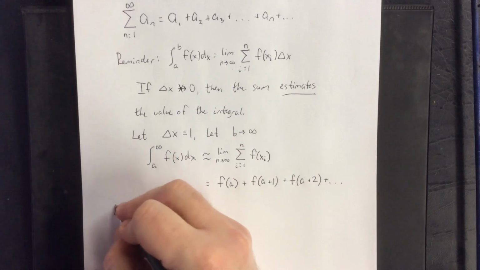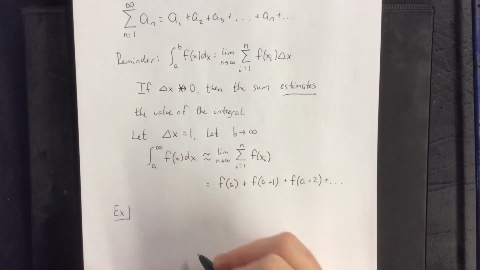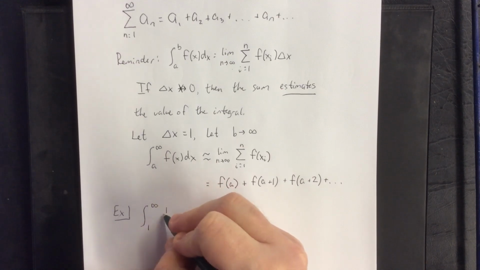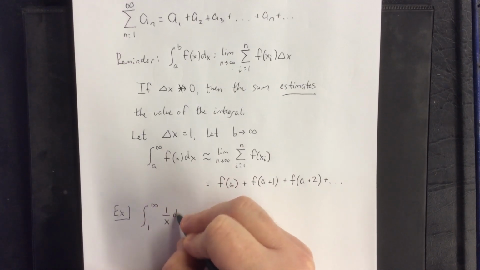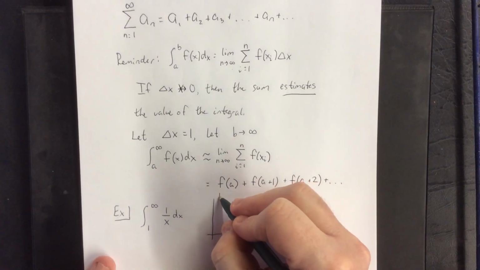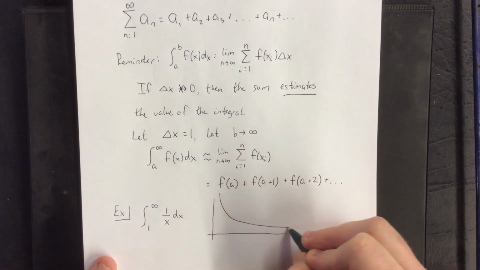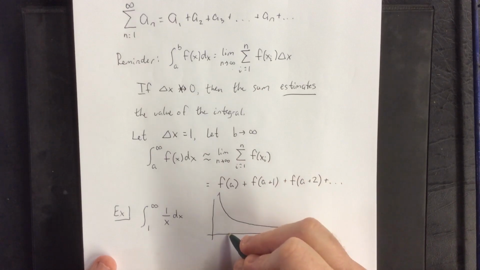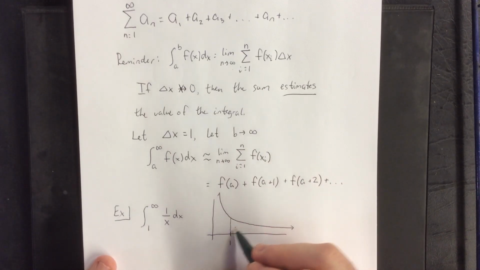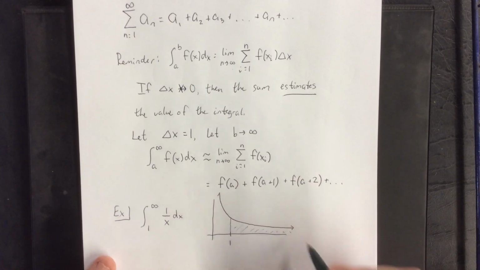Now, to give you a more realistic example, suppose that I wanted to consider the improper integral from 1 to infinity of 1 over x dx. This is saying take the reciprocal function and, starting at x equals 1, determine all of the area that's contained over yonder.